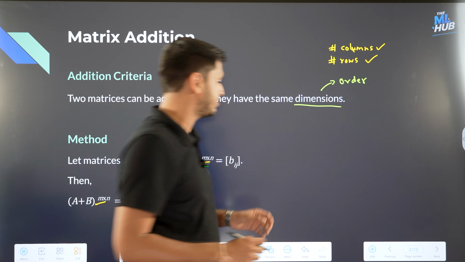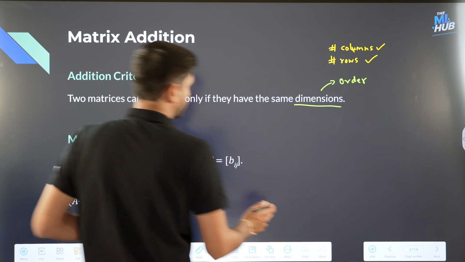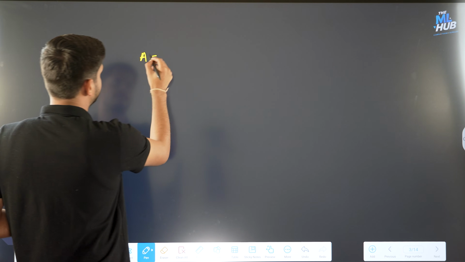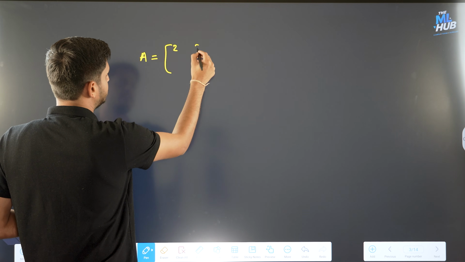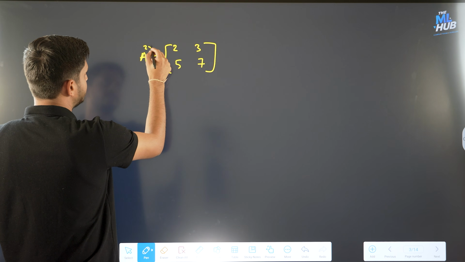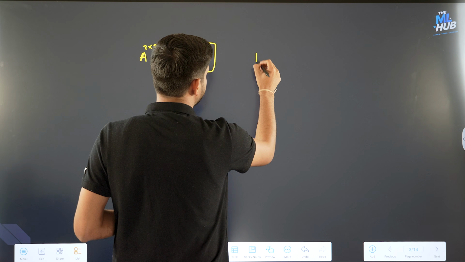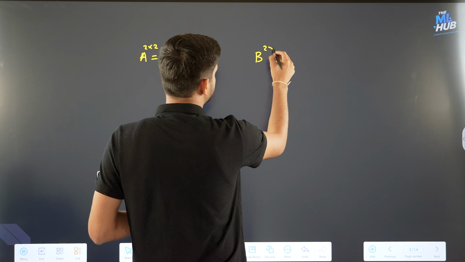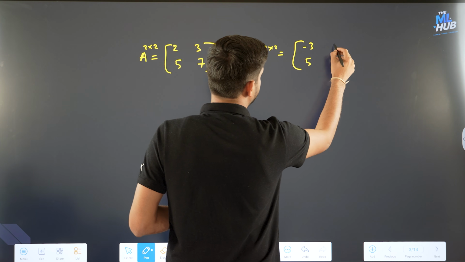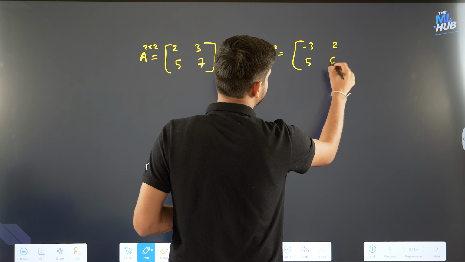Okay, so let's take an example. Let's say we have a matrix A like this: 2, 3, 5, 7. It is a 2 cross 2 matrix, and we have a matrix B. It is again a 2 cross 2 matrix: -3, 5, 2 and 6.